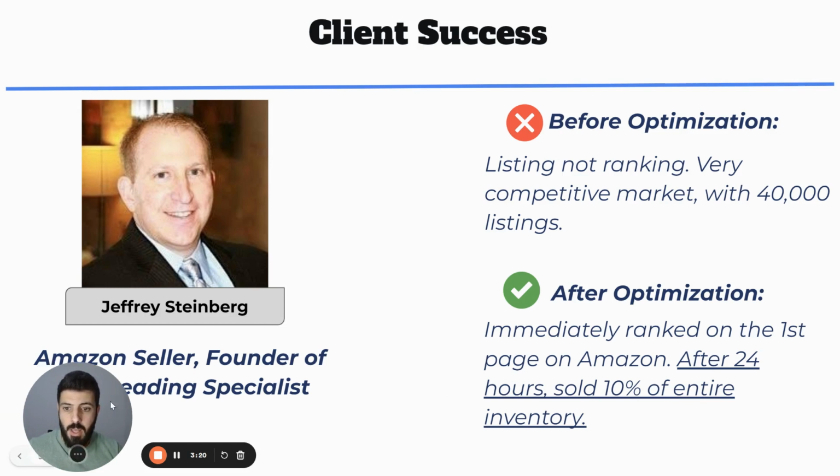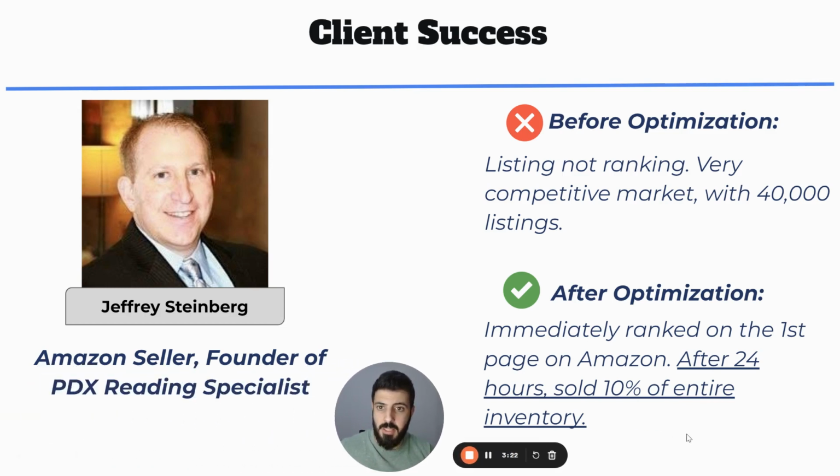So just to show you a little bit what we did for a few of our clients, Jeff here was our client, and he is a founder of PDX Reading. Before optimizing the listing, the problem was that his listing was not optimized. He didn't know how to rank higher, how to sell more of his product.